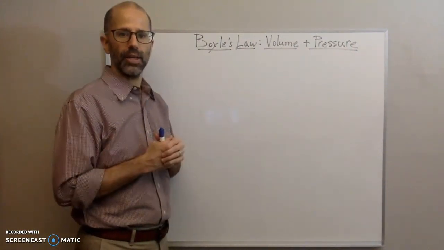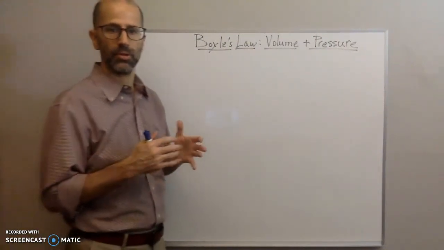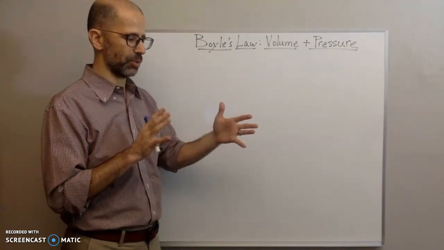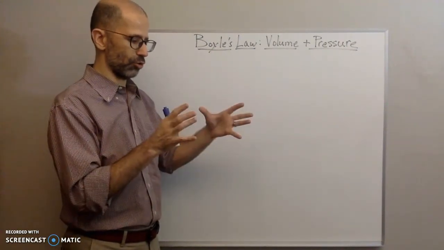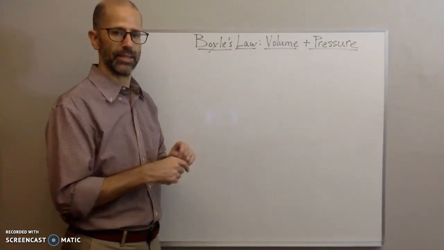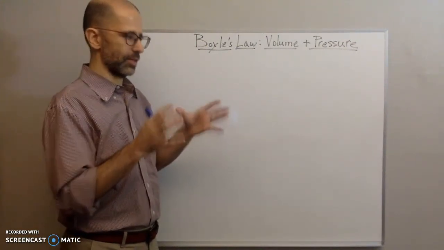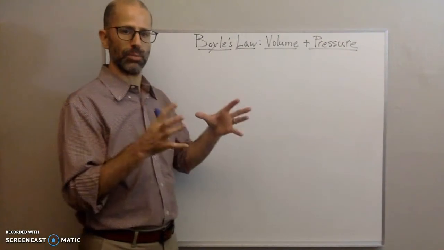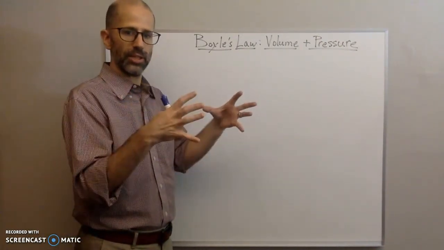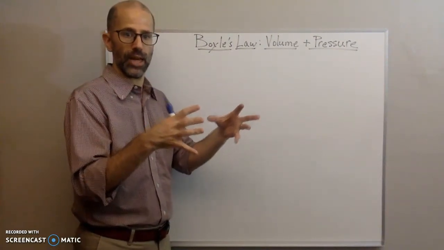If you have a certain gas in a balloon, and you're thinking about the relationship between the volume of the container and the pressure of the gas, let's say I squeeze the balloon, or I decrease the volume of the container, right?